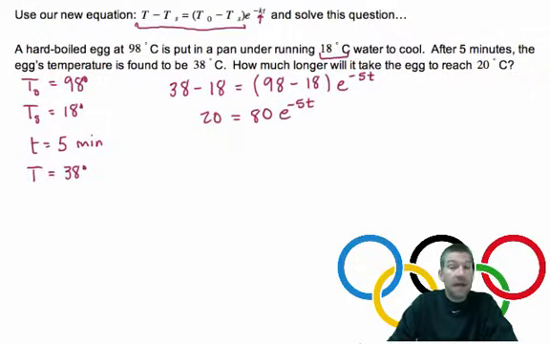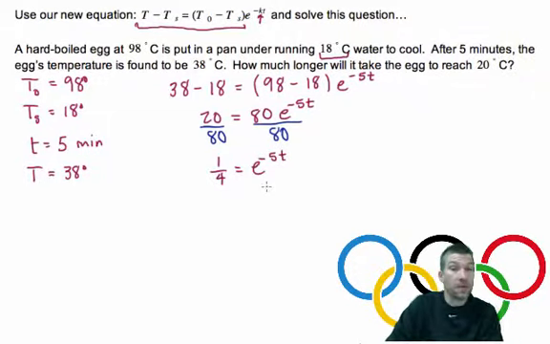Divide both sides by 80, because what we're going to try and do is get that e all alone. So we're going to end up here with 1/4 equals e to the negative 5k.